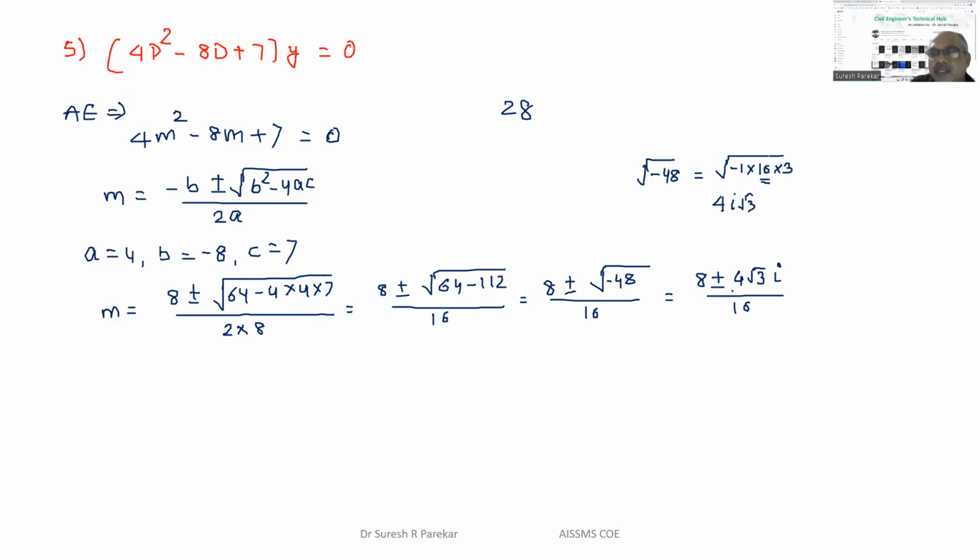So if we take 4 common, then we have 2 plus minus root 3 i divided by 16 over 4.